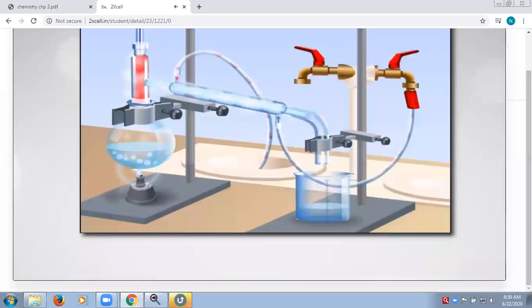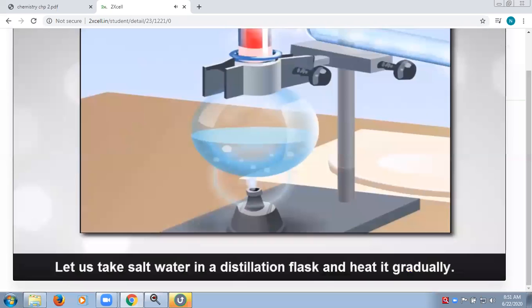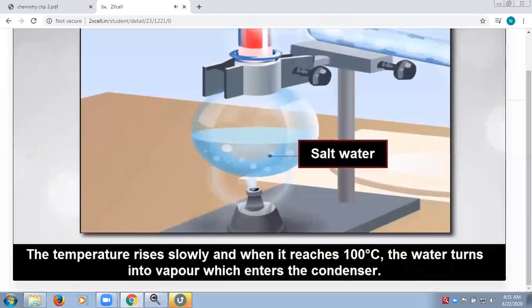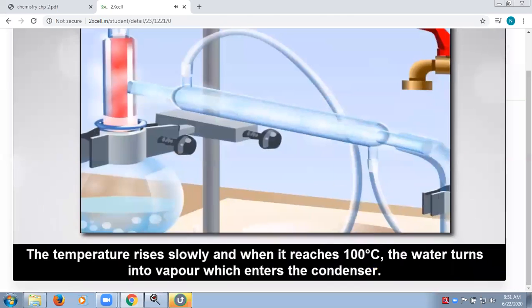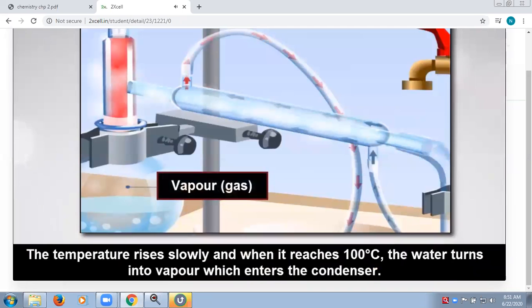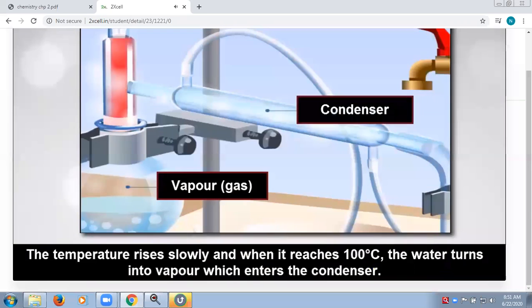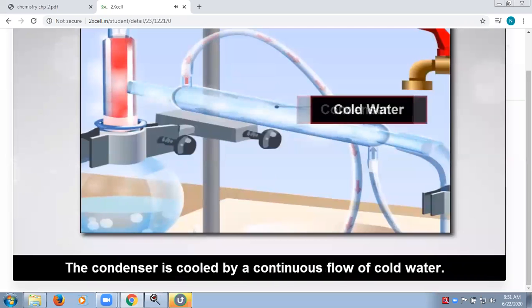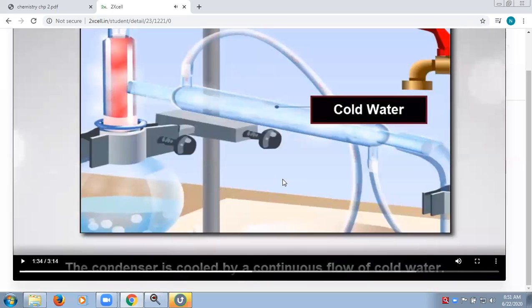Now, let us understand how simple distillation is done. Let us take salt water in a distillation flask and heat it gradually. The temperature rises slowly, and when it reaches 100 degrees Celsius, the water turns into vapor, which enters the condenser. The condenser is cooled by a continuous flow of cold water. I think it's very much clear to all of you that the vapors, when passed through this tube, there is a continuous supply of cold water around the tube.